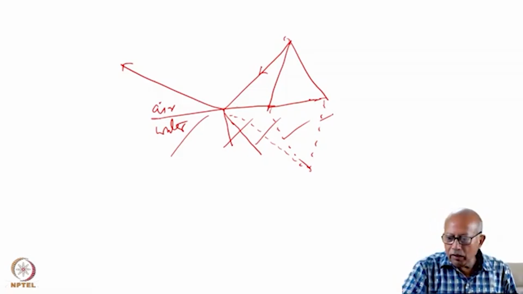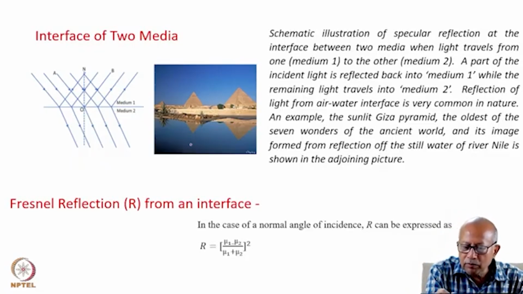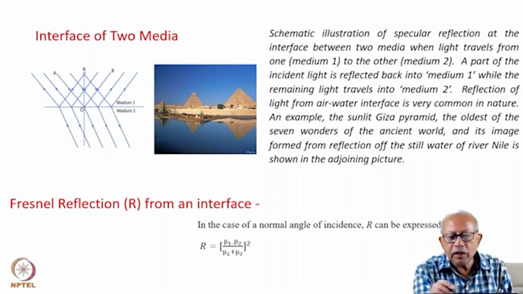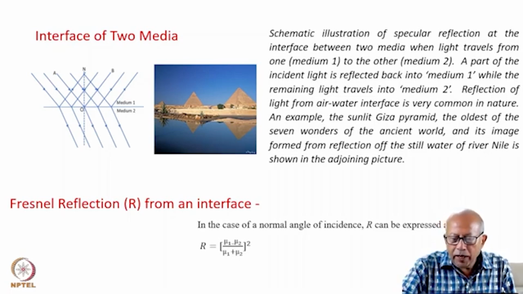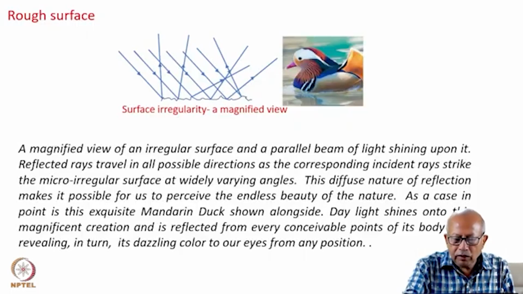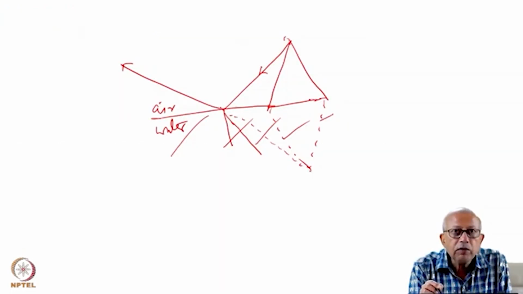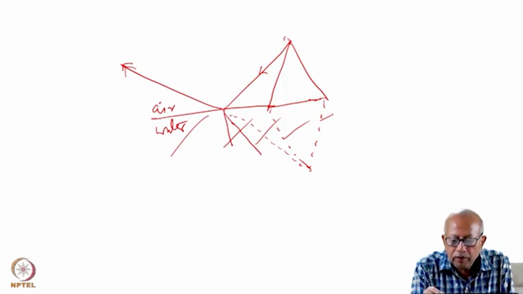Now you can clearly see that this image is much less intense compared to the actual brightness of the sunlit pyramid. That is simply because when the sunlight falls on the air-water interface, only a part of the light is actually reflected into the air to reach our eye.